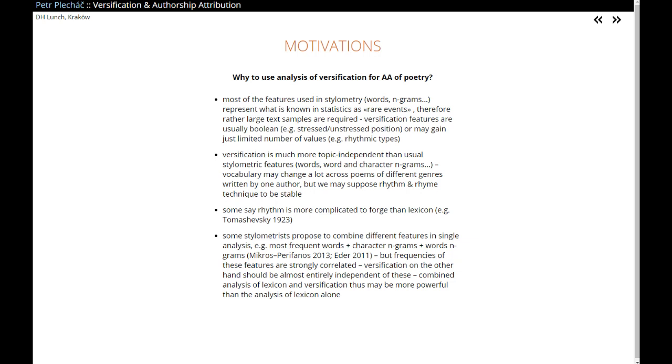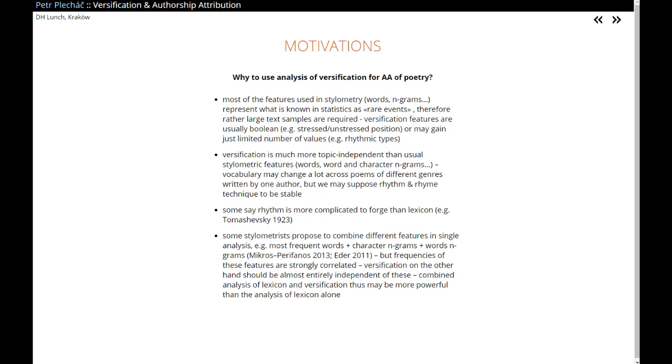First, most of the features used in stylometry, such as frequencies of words, n-grams, or other such features, represent what is known in statistics as a rare event. It's something occurring once in thousands of times, or at least 100 other occurrences. Therefore, rather large samples are required.